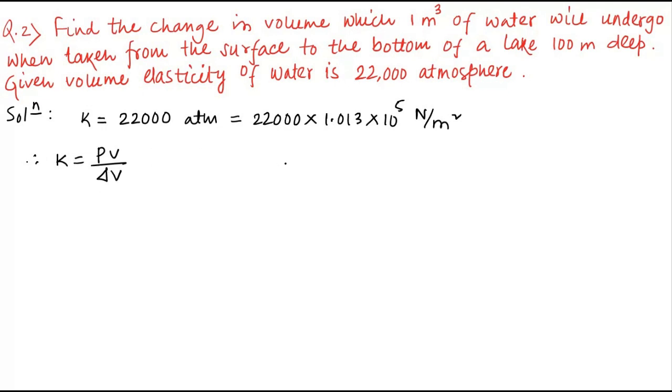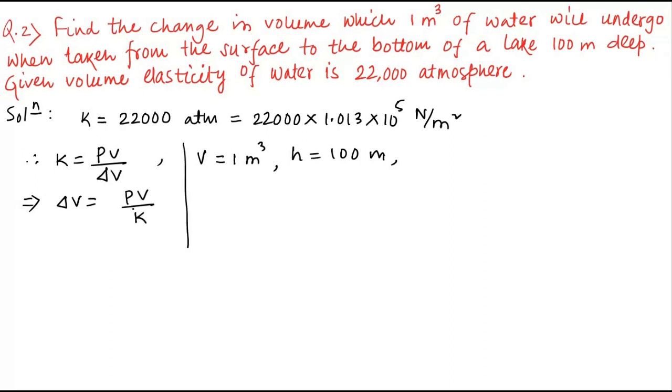Now here in this question, V is given, which is 1 meter cube. Then the height of the lake is given, so H is 100 meter deep. And here we have to calculate delta V. So delta V is equal to PV by K, right?